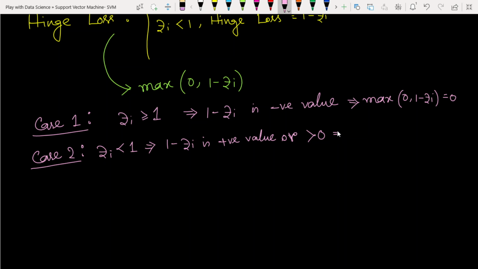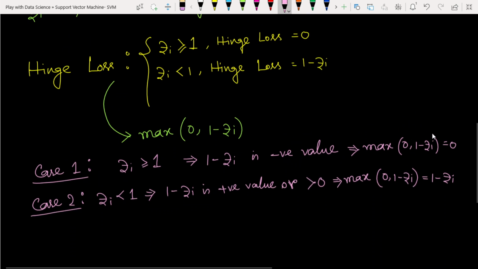This implies that for the maximum of 0 and 1 minus Zi, since this is a positive value greater than 0, the maximum will be 1 minus Zi.